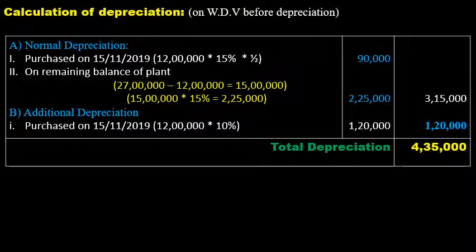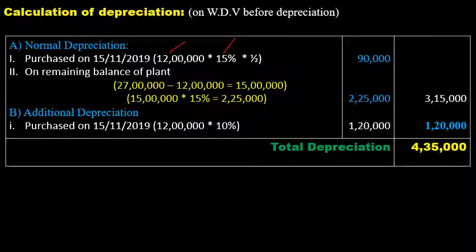First you have to calculate on the asset which was purchased in the previous year. There's only one purchase in the previous year. In the month of November 2019, the value of the new asset purchased is 12 lakh and the rate of depreciation is 15%, and it was used for less than 180 days from 15th November to 31st March.